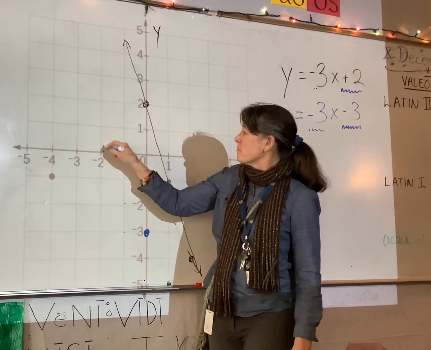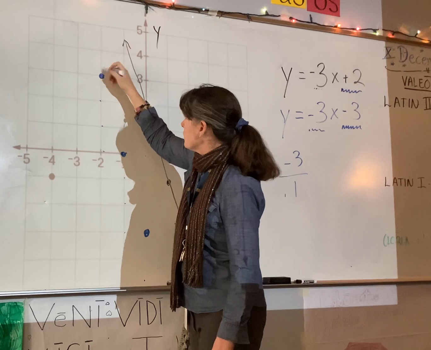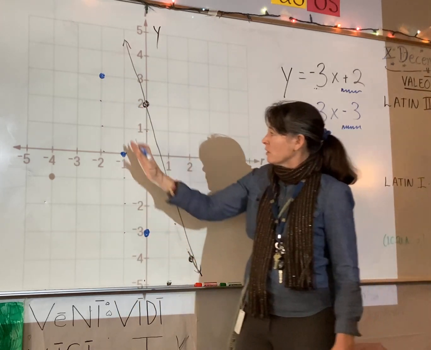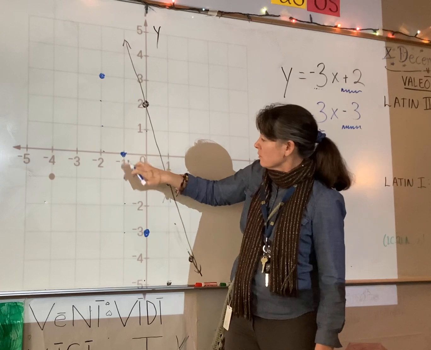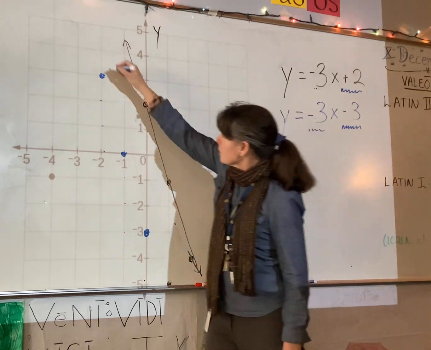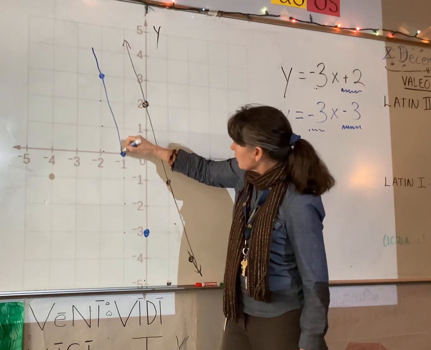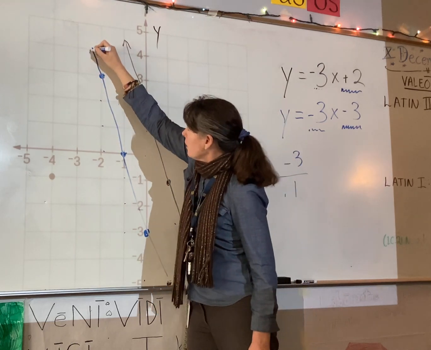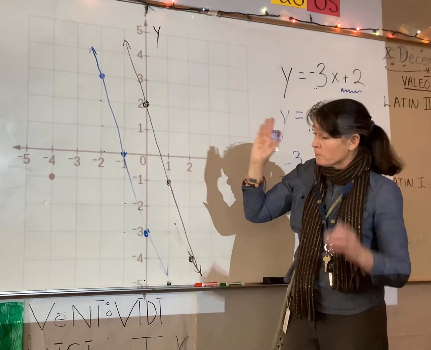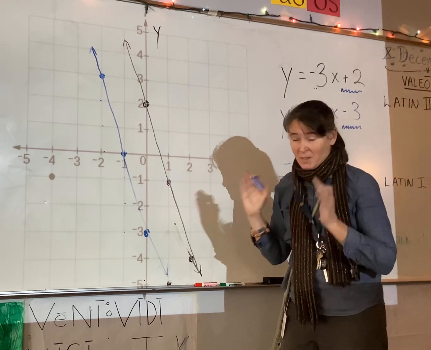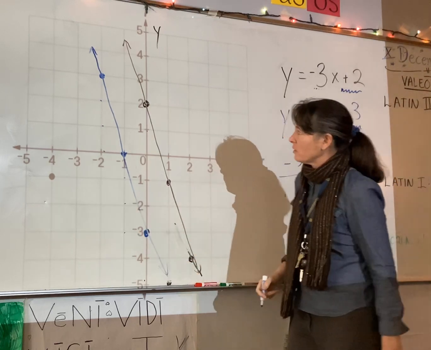Same slope, which we can see if we just reverse the process I just did. If we use this point, we go down 3 over 1, down 3 over 1. Gives us the slope of the line. I've done it correctly. These 2 lines then are parallel, clumsily drawn, but again, like railroad tracks, we assume they'll extend to infinity and never meet.